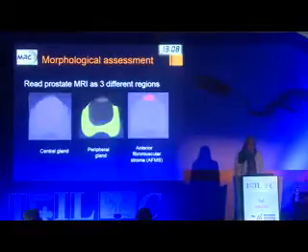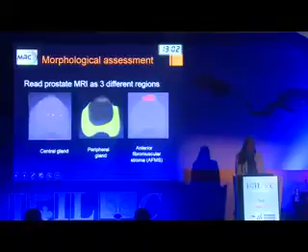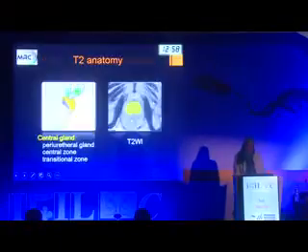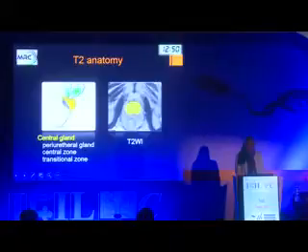We assess MRI for the prostate in three major zones, including the central gland located here, then the peripheral gland, as well as the anterior fibromuscular stroma. In T2 weighted image, where we assess the morphological appearance of the prostate, we can see the central gland located here, and it has a heterogeneous appearance.